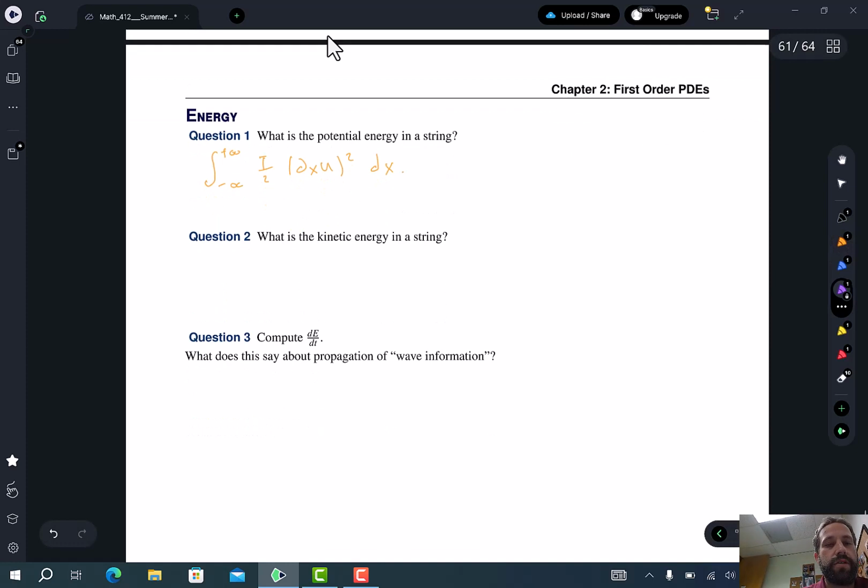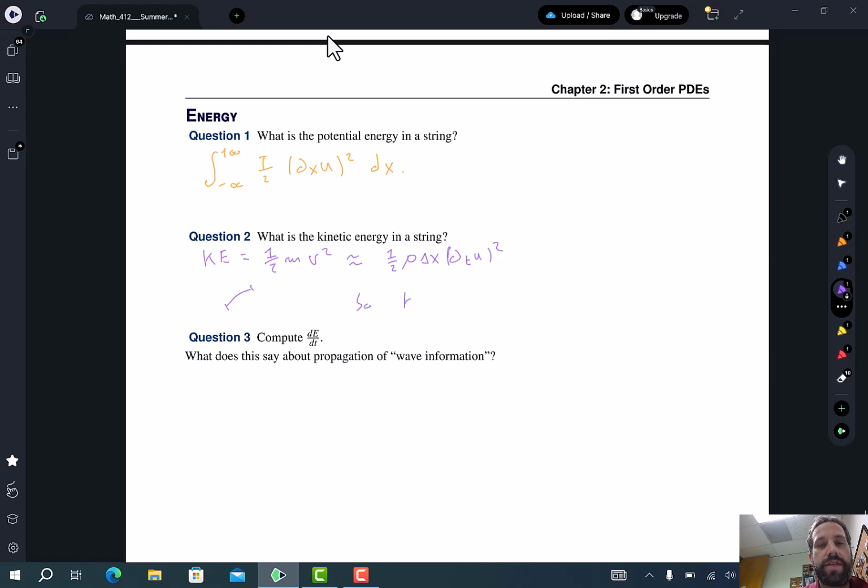Now let's think about the kinetic energy in a string. Remember, kinetic energy is equal to 1/2 mass times velocity squared. This is a little bit easier to think about. For a little segment of string, the mass is going to be the mass density, which is rho, times the length of the string, which is delta x, times its velocity squared, which is the t derivative of u squared.